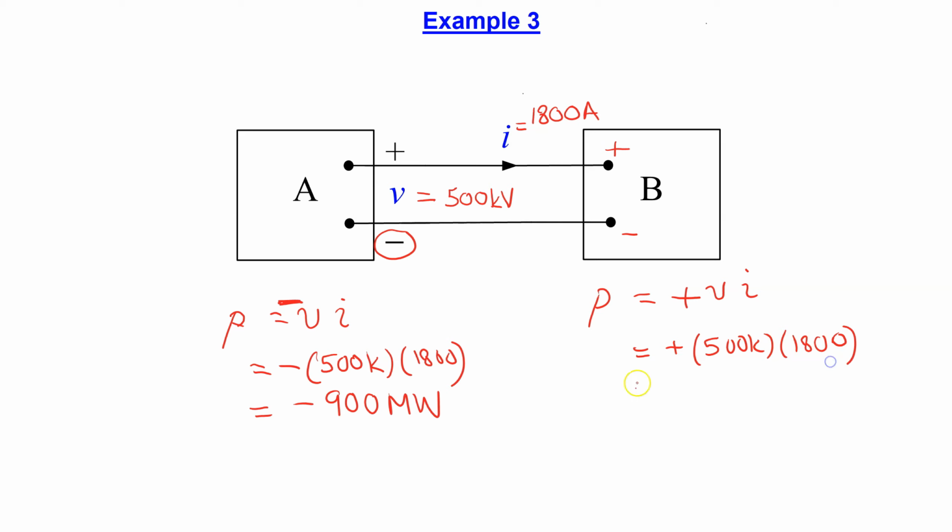And this gives plus 900 megawatts. We can see that for circuit element A, the power is negative. Therefore, circuit element A is supplying power, and circuit element B is absorbing power. Therefore, the direction of power flow is from circuit element A to B.